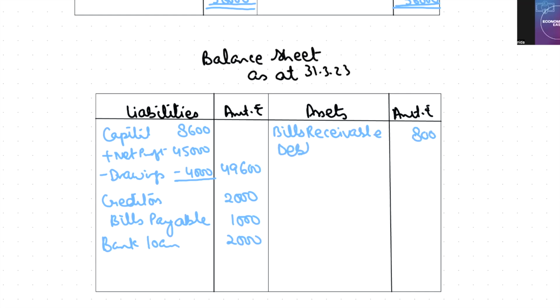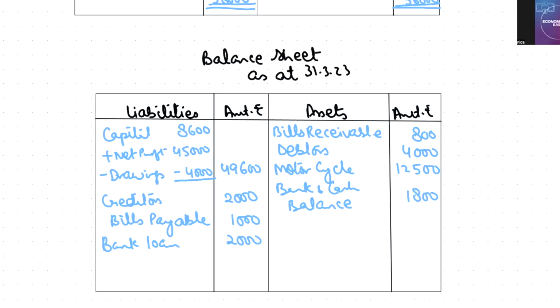Then debtors 4,000. Then motorcycle, it's a kind of an asset, 12,500. Then bank and cash balance 1,800.